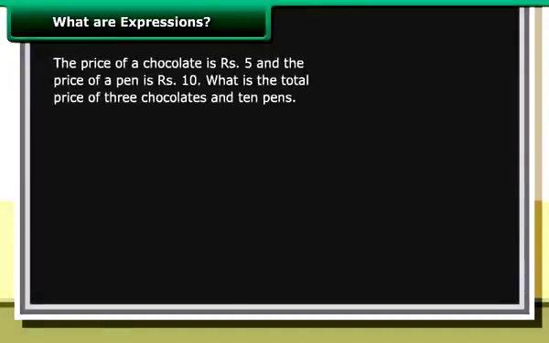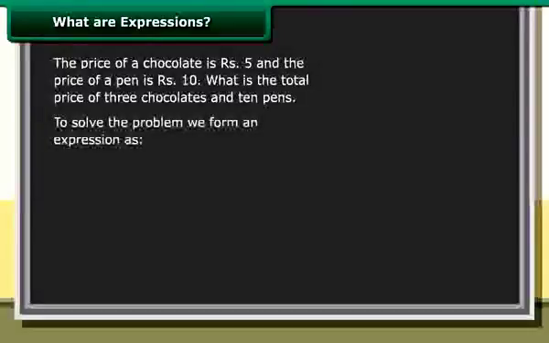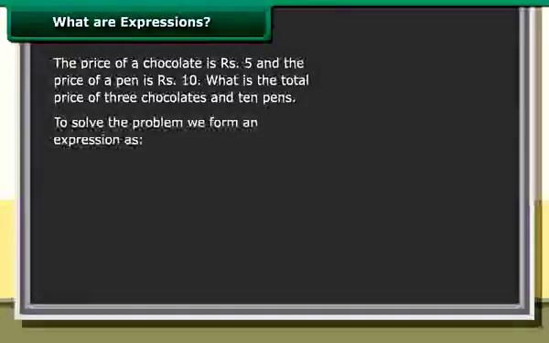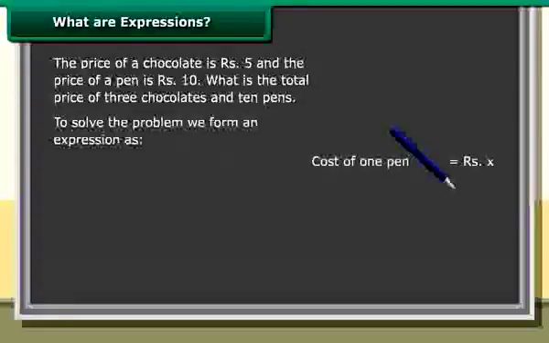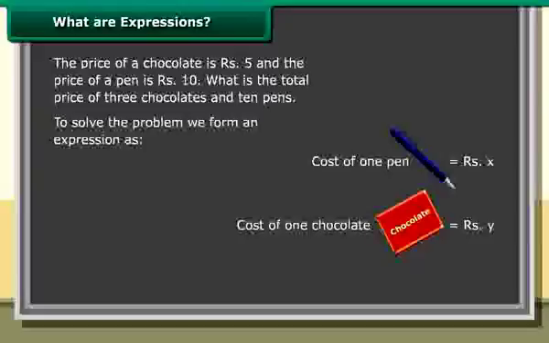The price of a chocolate is ₹5, and the price of a pen is ₹10. What is the total price of 3 chocolates and 10 pens? To solve the problem, we form an expression as cost of 1 pen is equal to ₹X. Cost of 1 chocolate is equal to ₹Y.